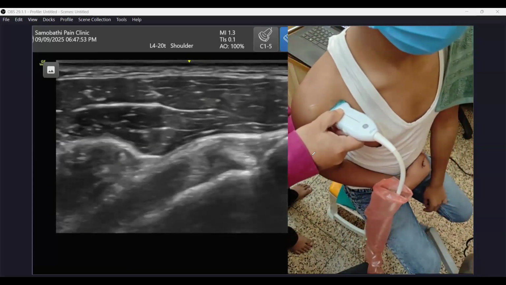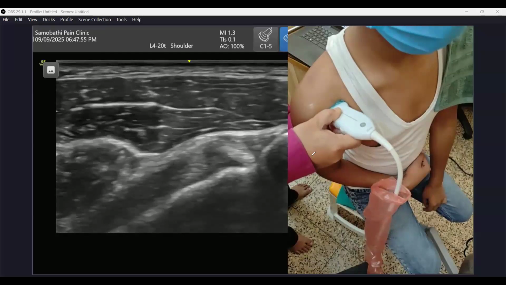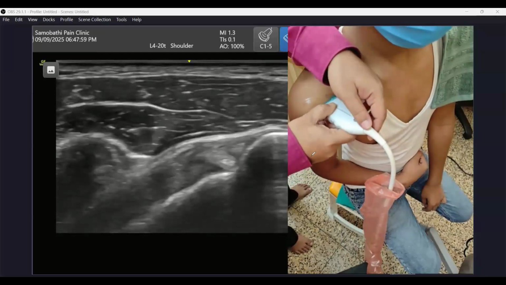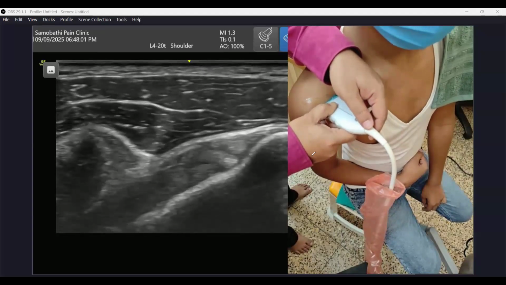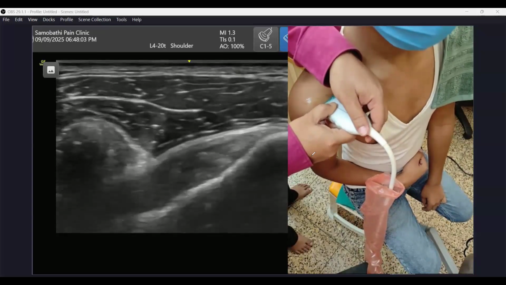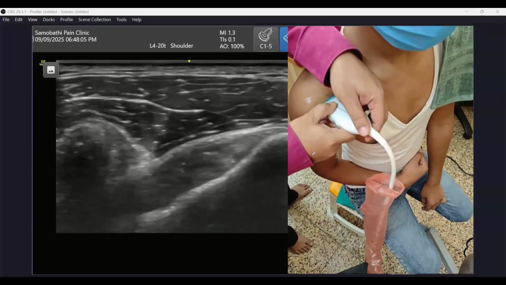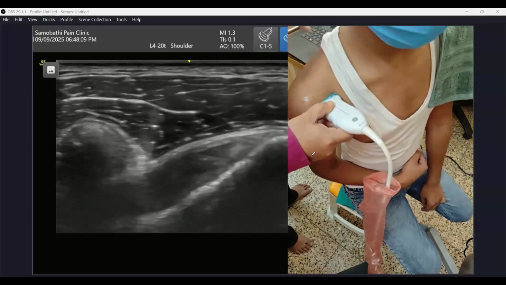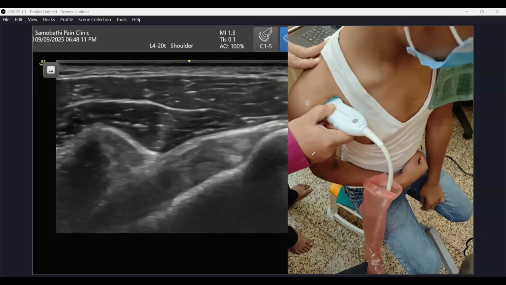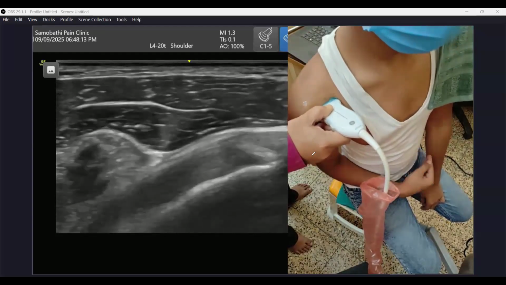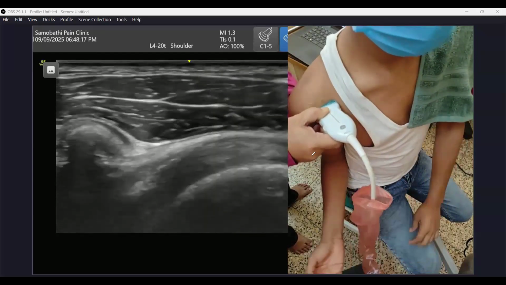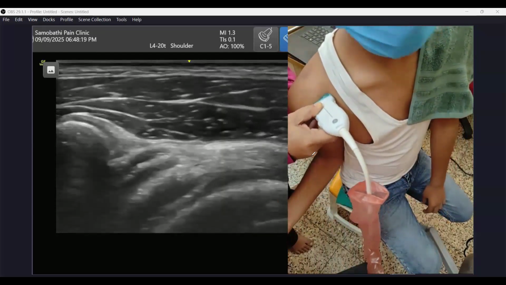So he has done complete internal rotation, but still there is a lot of gap between the coracoid process and lesser tuberosity. But in some patients with impingement syndrome, these two bony structures can impinge the subscapularis tendon in between. Here there is a lot of gap.